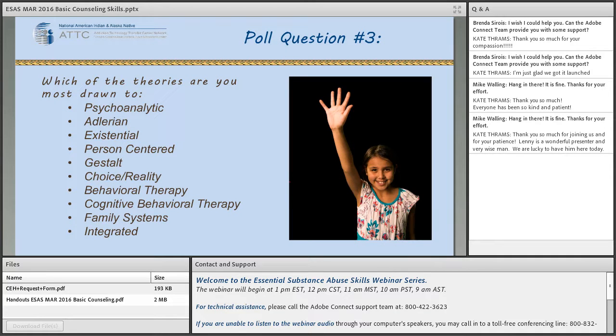Here's a question: which of the theories are you most drawn to? This really gives you an idea of the different types of theories and helps you discover which work best for you or which work well with the clients. I use all different theories when working with clients. I don't use just one.